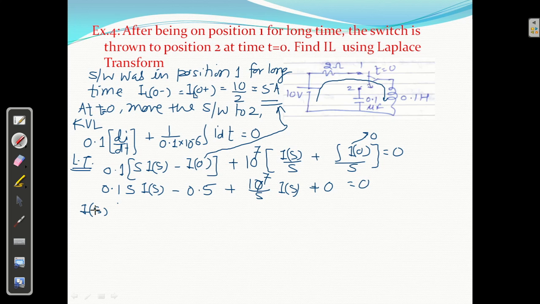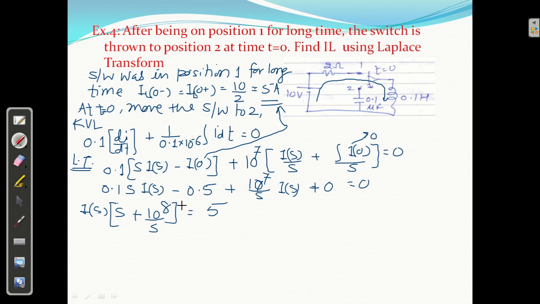So I of S times S, and the 10 raised to power 7 divided by 0.1 becomes 10 raised to 8 upon S. On the other side, 0.5 divided by 0.1 gives 5, and the minus moves across, giving plus 5. Sorry, it is 8.